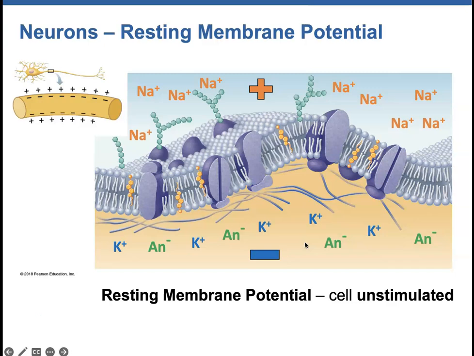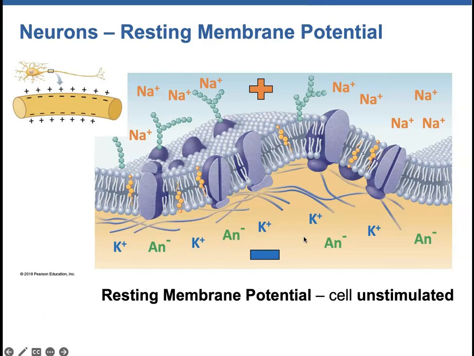What we also have inside the membrane are anions, so it could be chloride, it could be phosphate, it could be bicarbonate. Those are negatively charged anions, and so I just gave them an AN. AN doesn't exist, it's not an element, it just refers to an anion. So what you end up with is positive on the outside, negative on the inside.